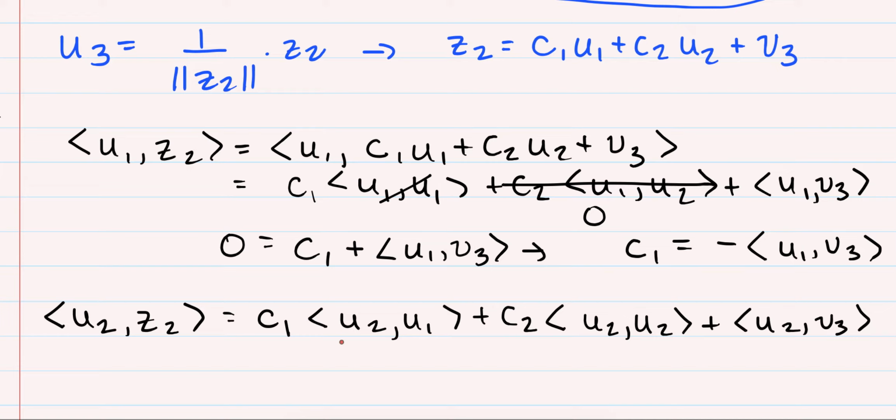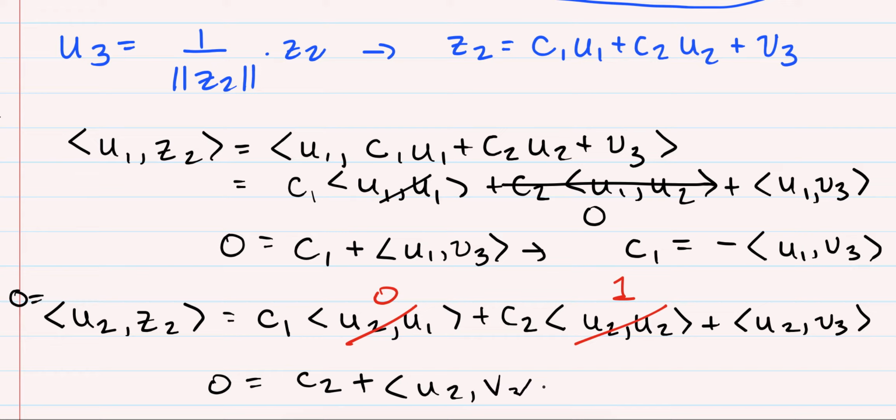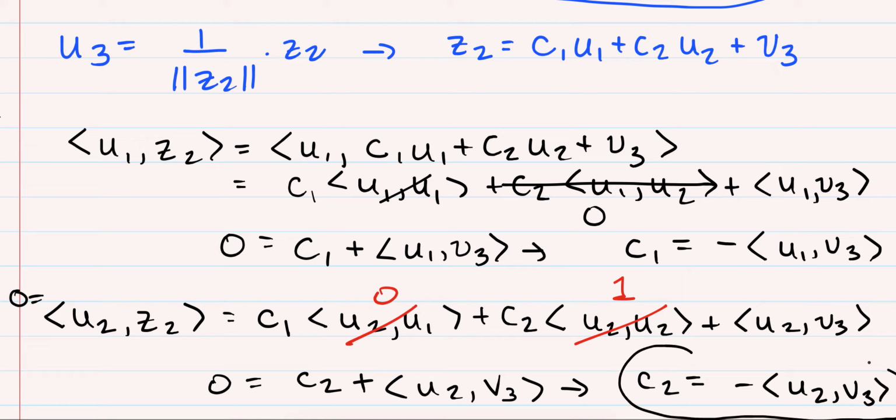Again, because the inner product of u1 and u2 is 0, this becomes 0, and this is 1, so I'm left with, now I want this to equal 0, so 0 is equal to c2 plus (u2, v3), which tells me that c2 is equal to negative (u2, v3). So that's the other constant I want.